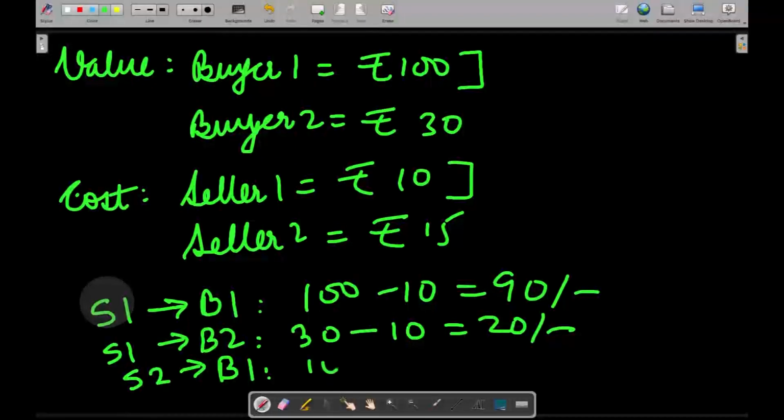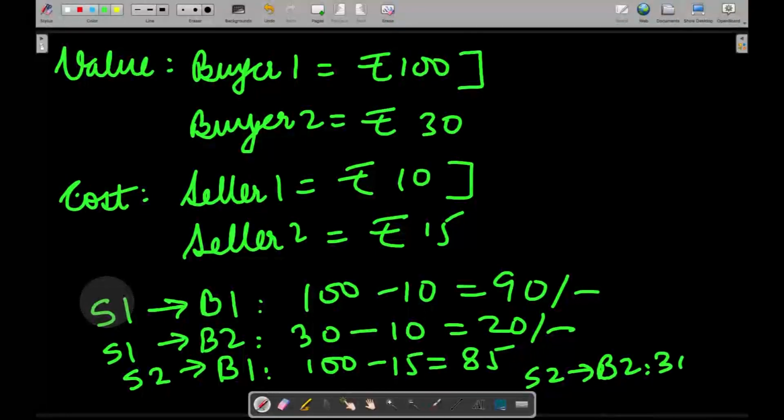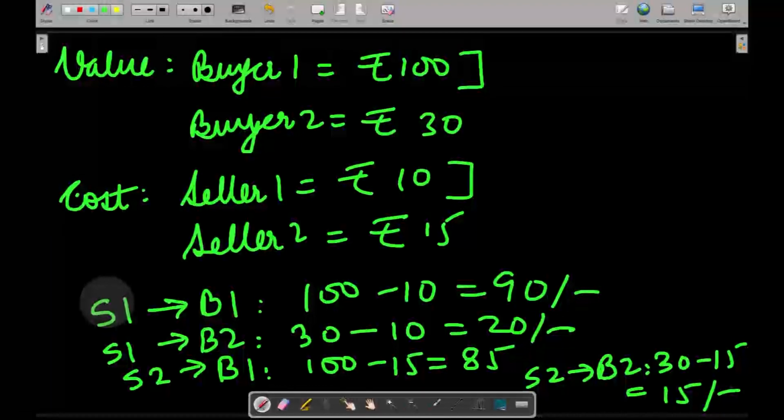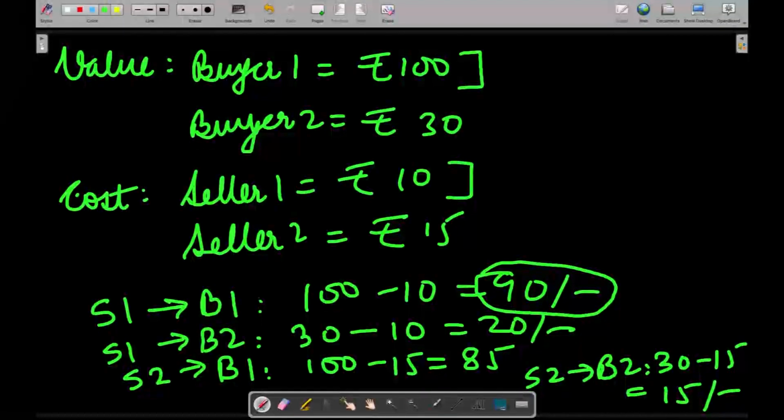So the total surplus is 100 minus 15 is 85. And when it goes from seller 2 to buyer 2, then the total surplus is 30 minus 15 is 15 rupees. Now what we are observing here is that the total surplus is maximum, 90 rupees, when it goes from seller 1 to buyer 1.